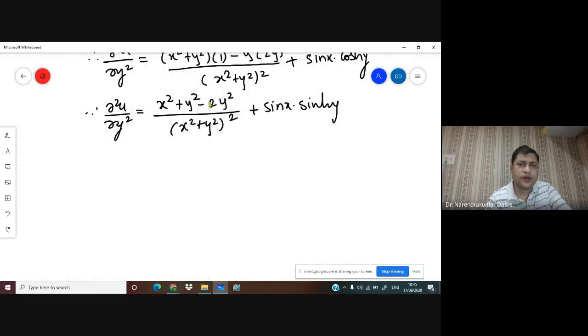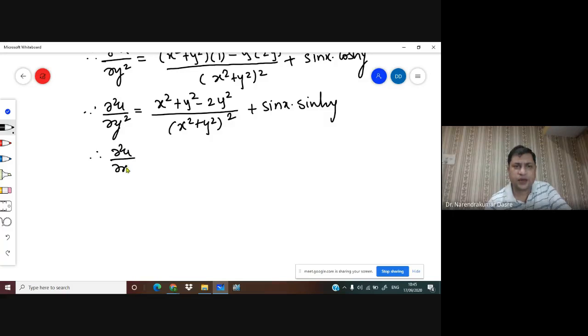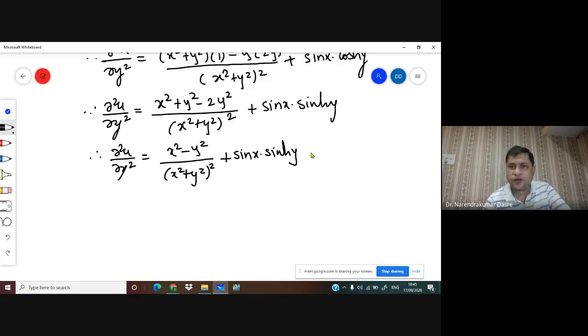Now we can see this is y² minus 2y², and hence we have ∂²u/∂y² equal to (x² − y²) upon (x² + y²)² plus sin x sinh y.